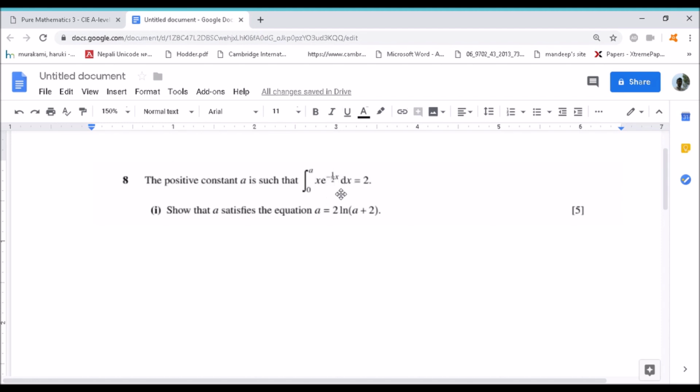We have to use integration by parts, u times dv/dx. We will use u as x and dv/dx as e^(-1/2 x).